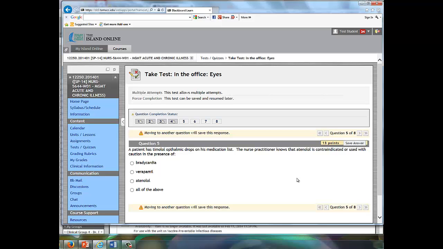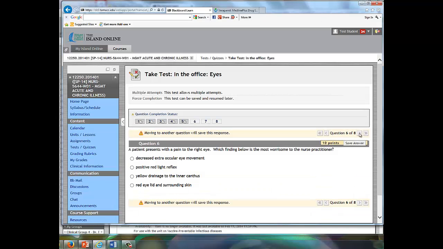The nurse practitioner knows that timolol is contraindicated or used with caution in the presence of verapamil, atenolol, yes. There are contraindications for each one of those. With atenolol, it's going to be another beta blocker on top of the one that's already there. Both of them cause low heart rate, and verapamil is a calcium channel blocker and can also cause the same thing.